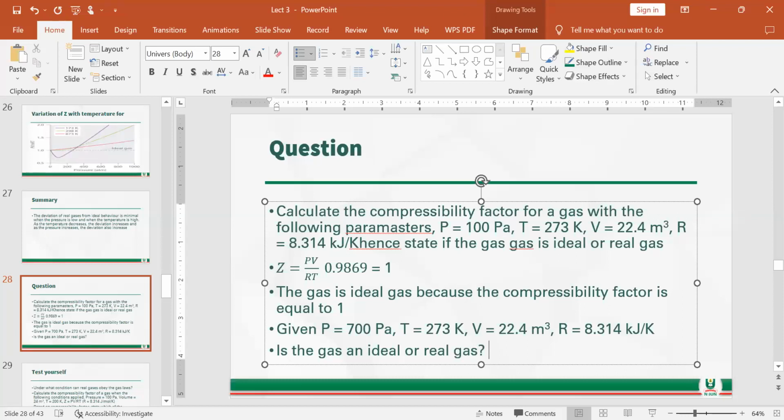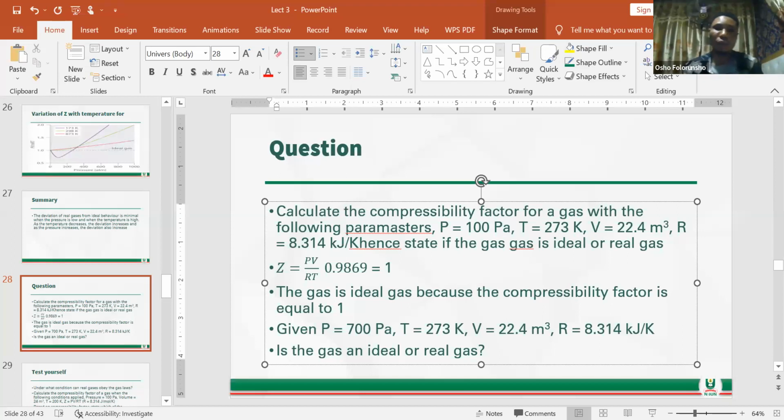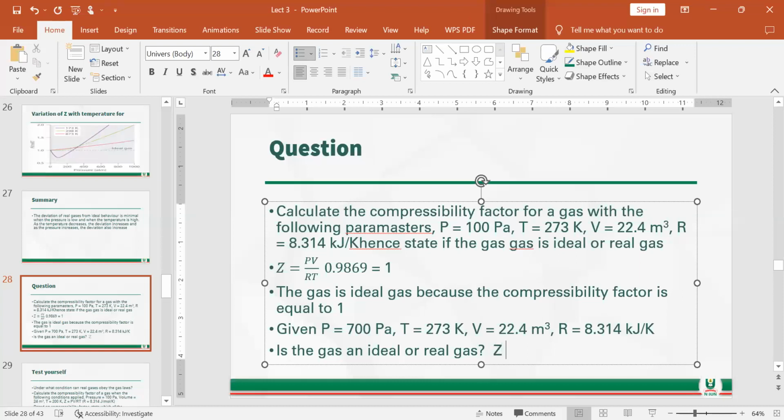Can somebody calculate that? Can somebody find the answer to that? Be very fast, please. My time is very close. Can somebody find an answer to that? PV divided by RT. Sir, it is given big numbers. Yes, because the pressure is 700 and not the temperature.